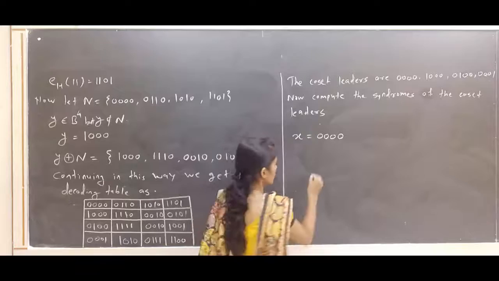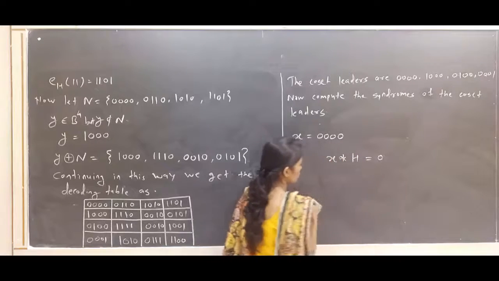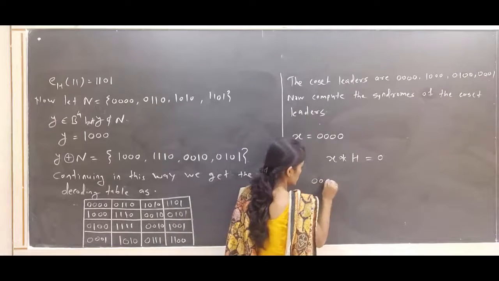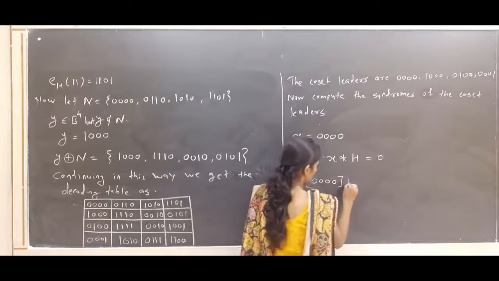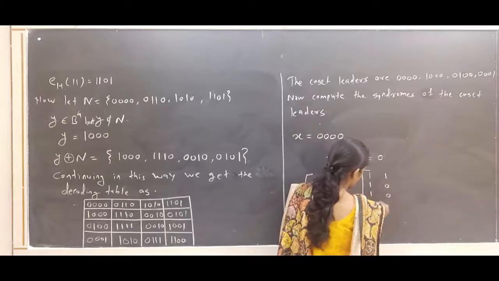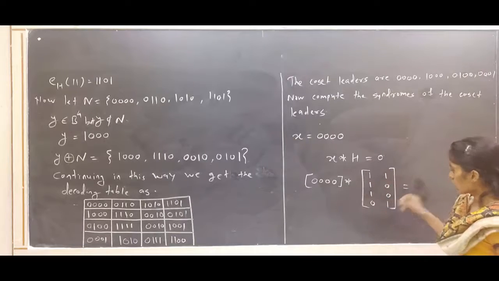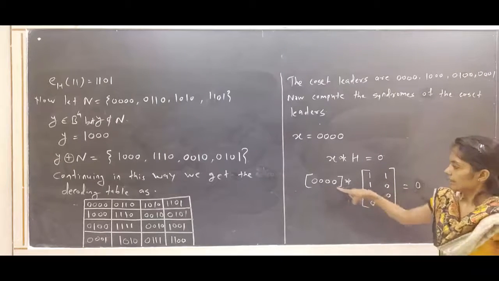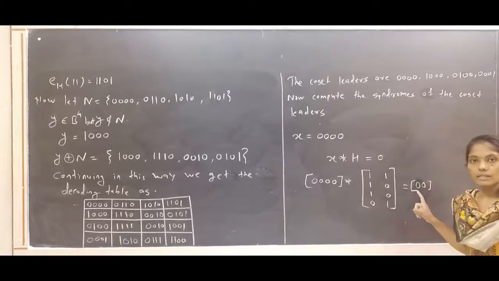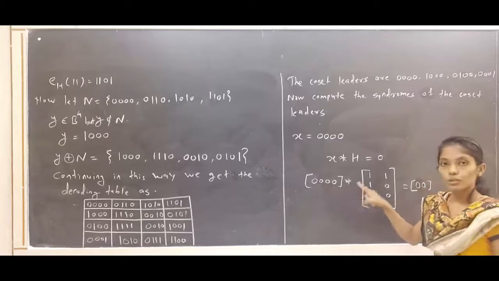Now X star H equals the syndrome, so 0 0 0 0 star H, where H is 1 1 1 0 1 0 0 1, equals: first row, first column we get 0, then first row, second column we get 0. So this is the syndrome for coset leader 0 0 0 0.